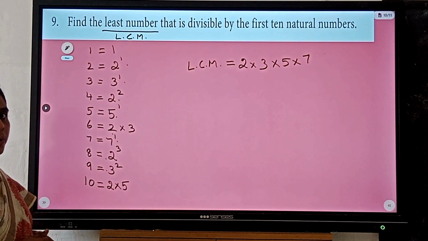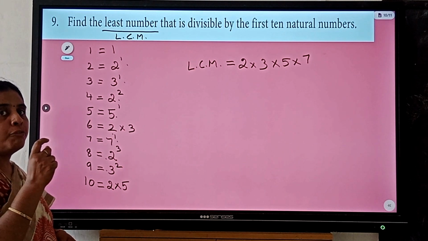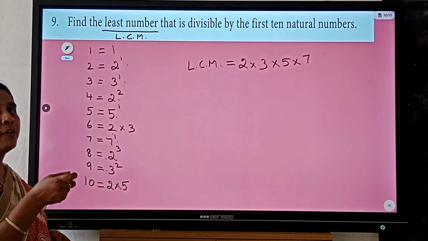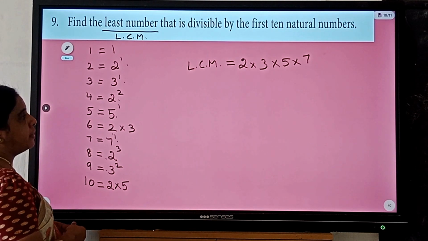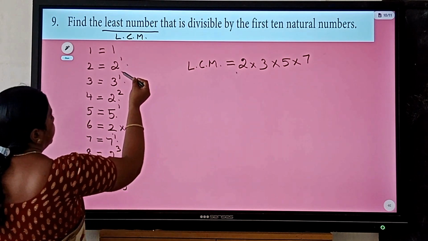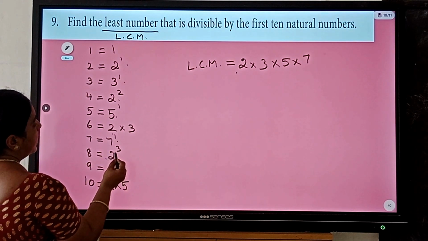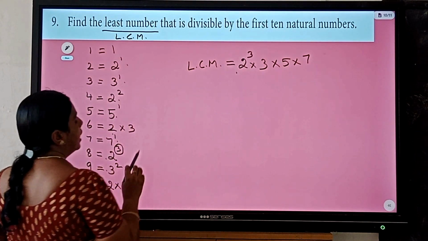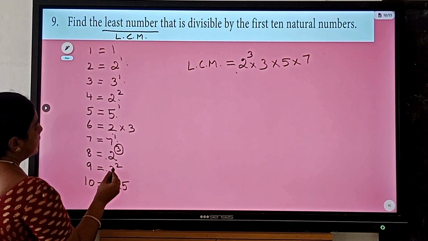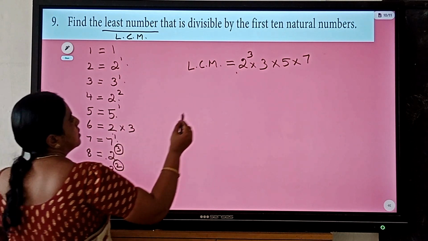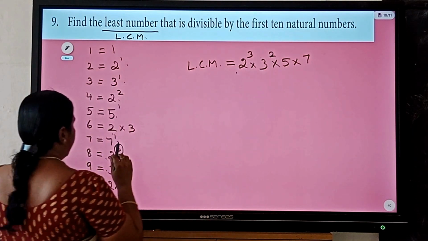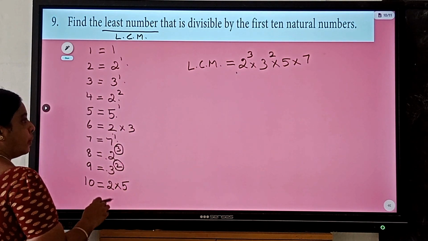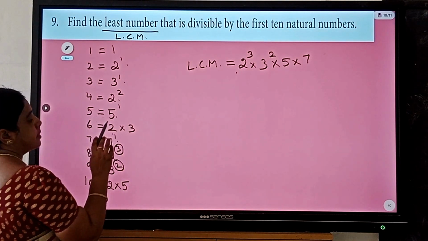Now, as I told you earlier, for the powers of LCM, how should you take? We have to take the highest power. So for 2, check which is the highest power here. It is 2 power 3. So I will write cube over here. And for 3, it is 3 power 2. So 3 square. And for 5, it is 1. And 7 also it is 1.